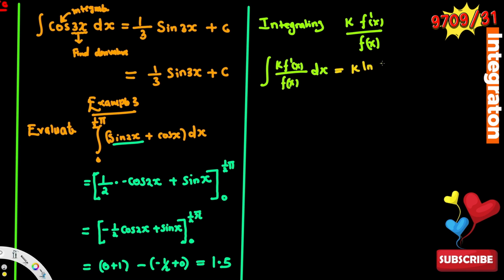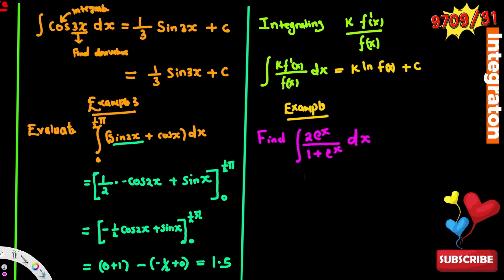What you do is that this becomes k ln of x plus c. Let us see an example. If you look at the denominator here, if you differentiate 1 plus e to the power of x, you are going to get what is at the numerator. So in that case, let f of x be that.